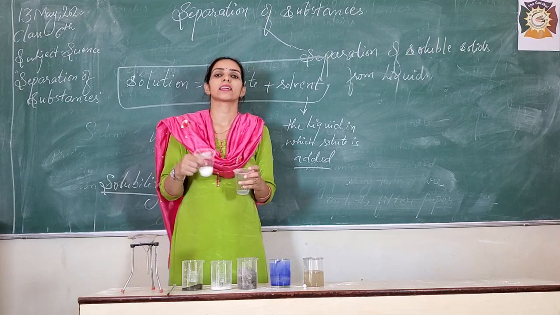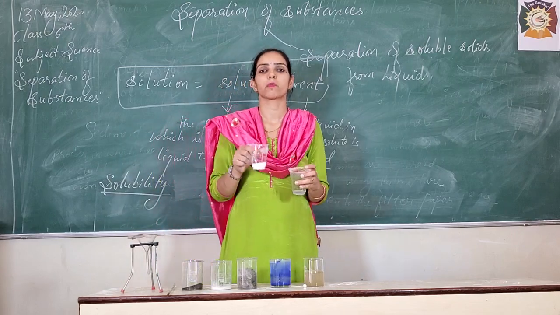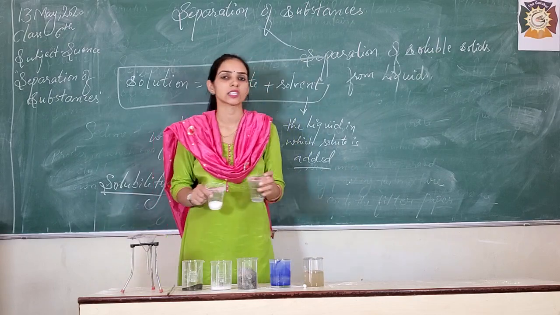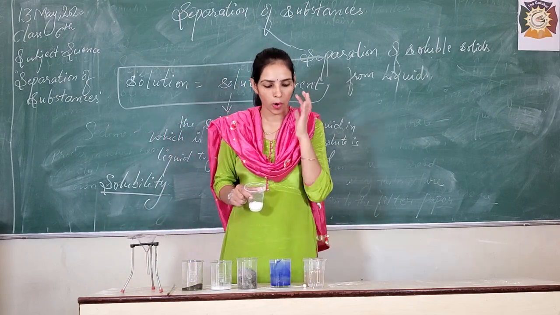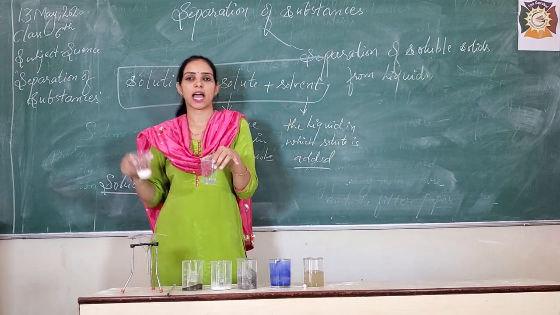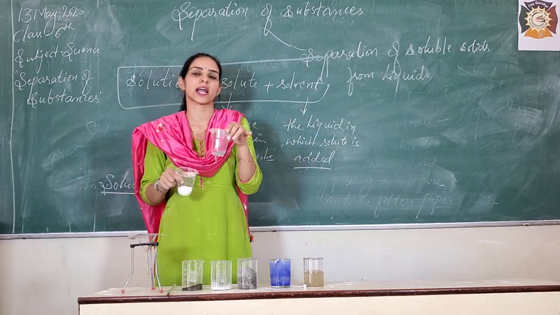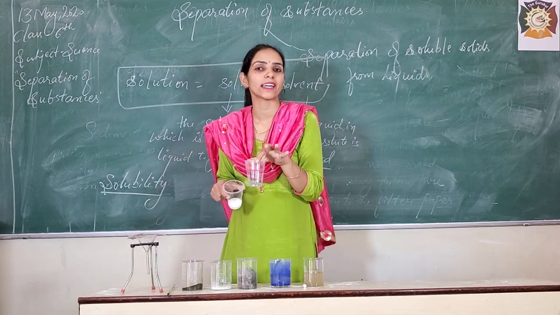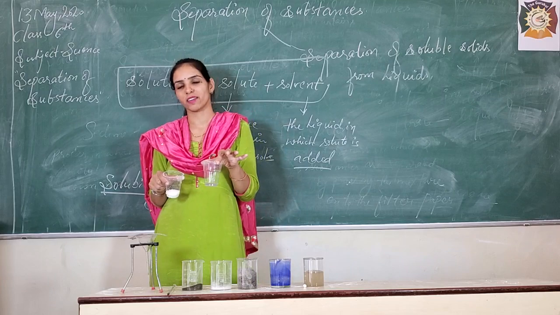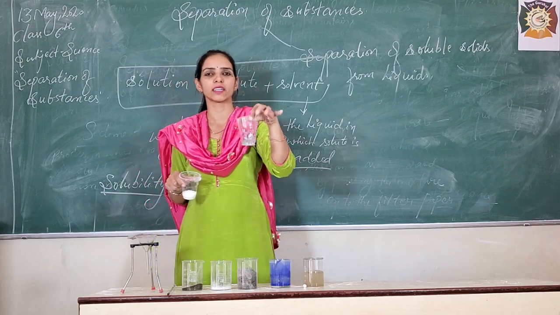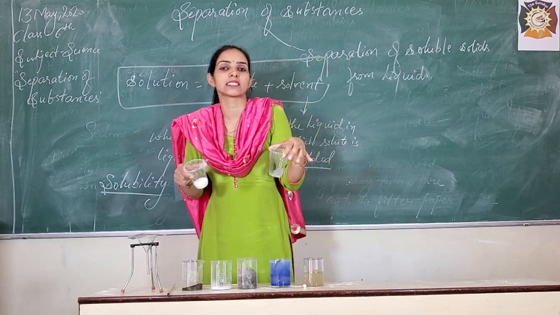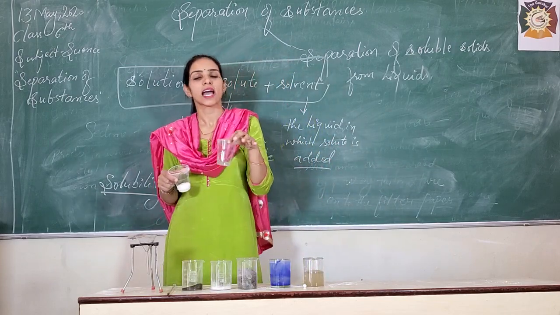That limit, that ability, that point is called the saturated point. Suppose, students, I am preparing some solution and I keep adding sugar to it, and that point has reached above which I cannot add more sugar. What will I do? I'll try to heat it, because while heating, the solubility increases and more sugar can be added.